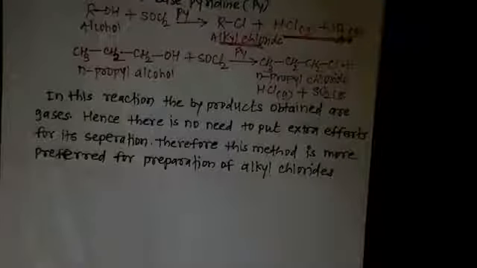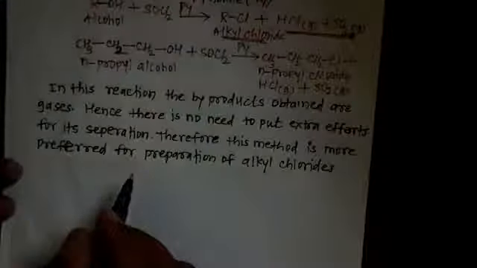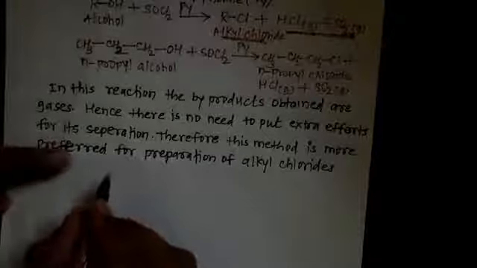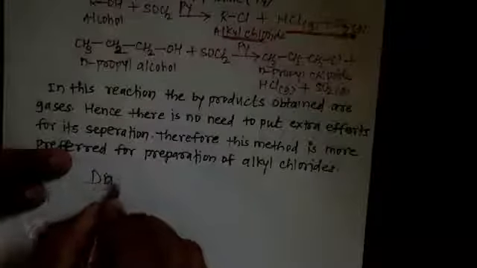Hence this method is the most preferred method for the preparation of alkyl chloride, and this method, that is preparation of alkyl chlorides by using thionyl chloride and alcohol, is called Darzens reaction.